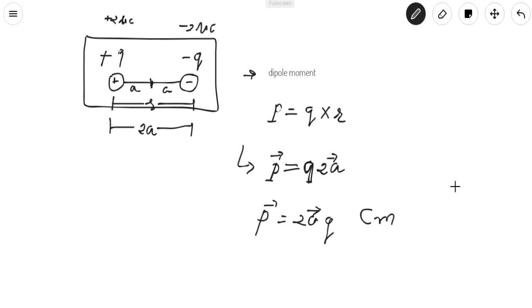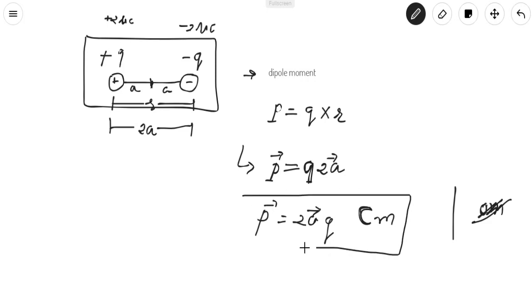Mostly some students in a hurry write the unit as coulomb meter in a way that seems like centimeter, so be very conscious that coulomb must be capital and meter should be small. So this is the dipole moment.